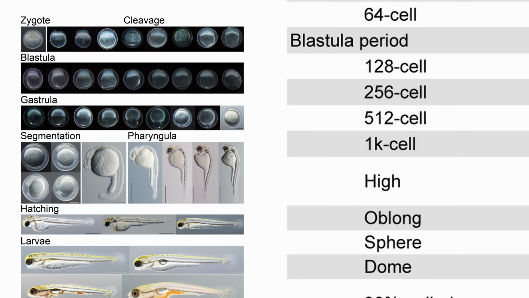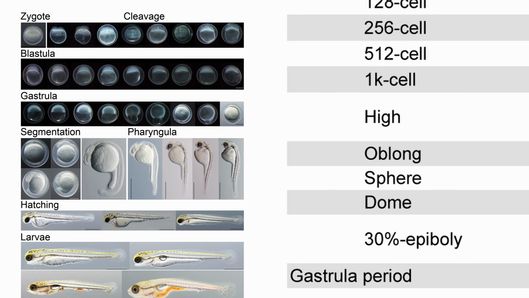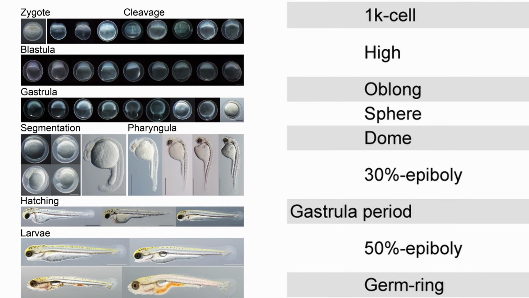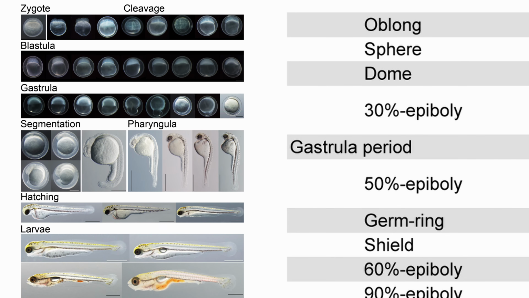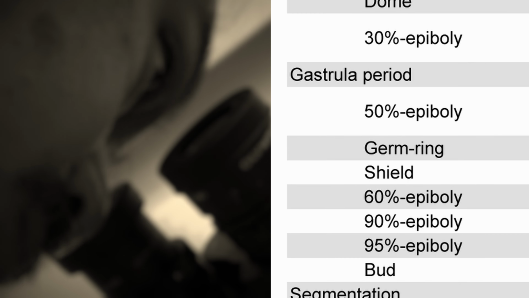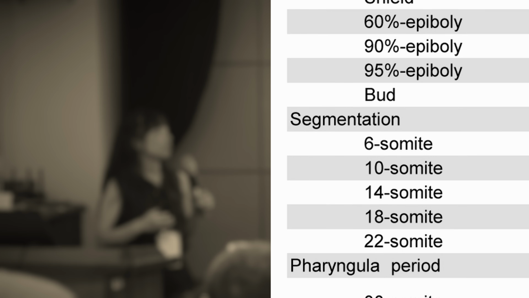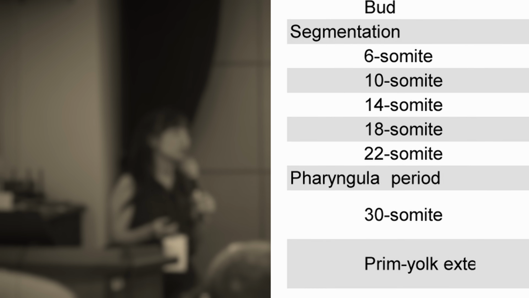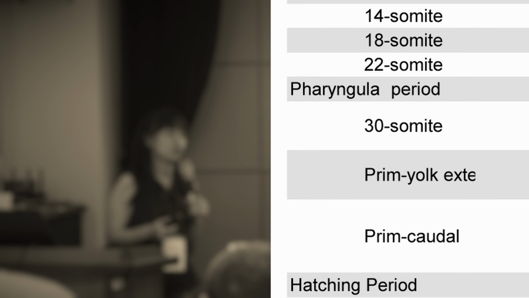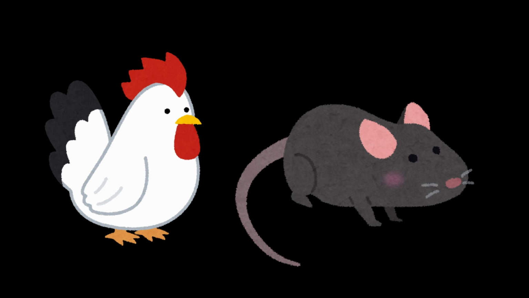These names and numbers are given based on the visible characteristics that appear during the developmental process. It is important to understand that these names and numbers were assigned by the researchers who created the developmental stage table. Therefore, the names of the stages may vary depending on the species.